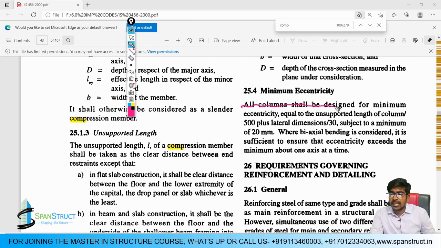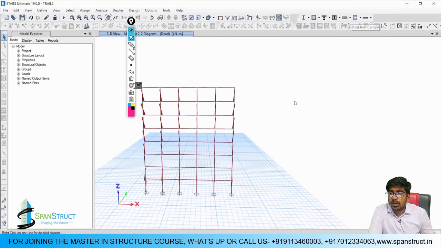All columns shall be designed for minimum eccentricity, which is equal to the unsupported length of the column divided by 500, plus the lateral dimension divided by 30, subject to a minimum of 20 mm. So if I design any column as per the clause of IS456, I need to consider the minimum eccentricity.